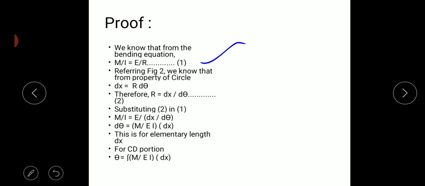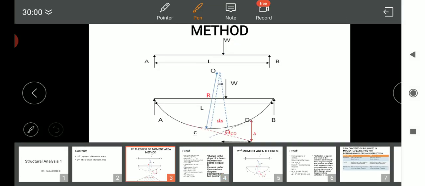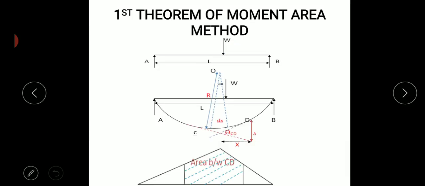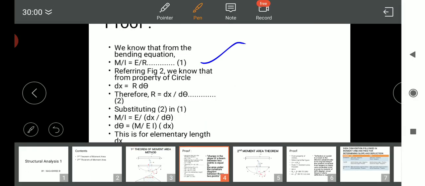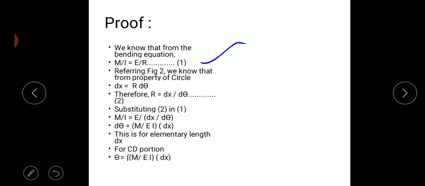Theta CD is the slope for the overall beam, since it runs from point C, which is from A, to point D, which is from B. Therefore theta CD can be considered for the overall structure.